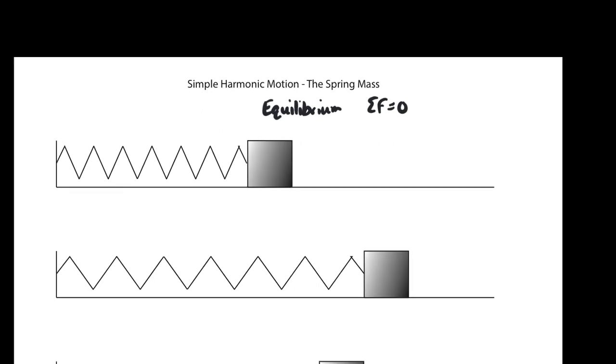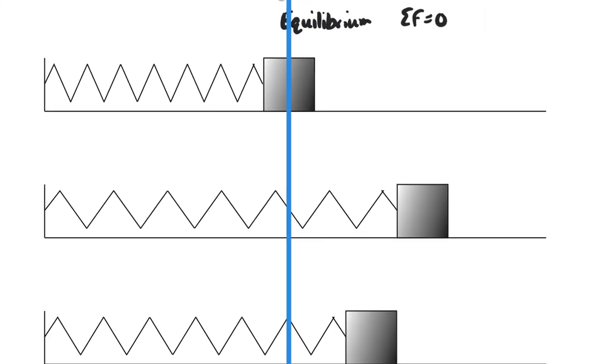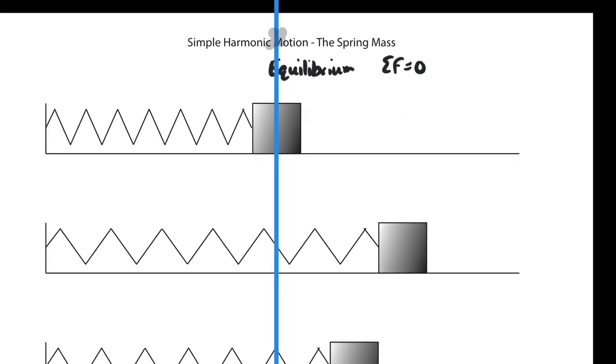What I am going to do is I'm going to mark equilibrium for this whole paper. So this blue line represents the equilibrium position.